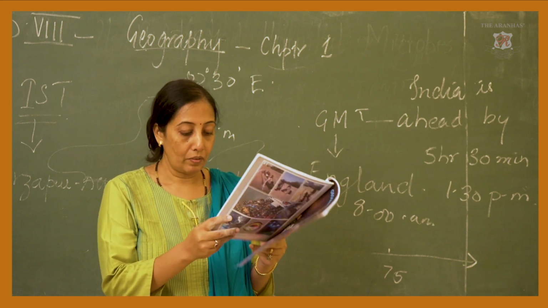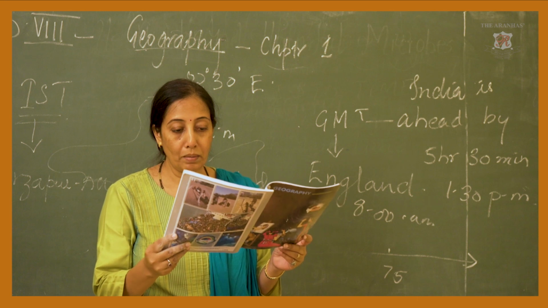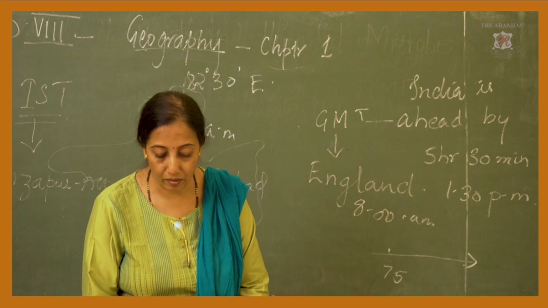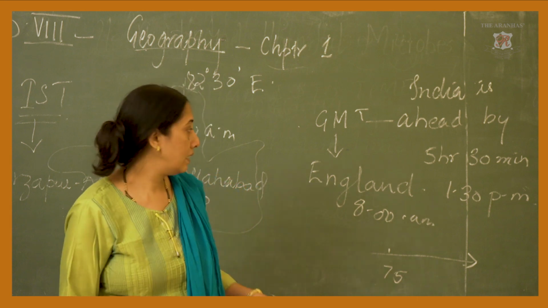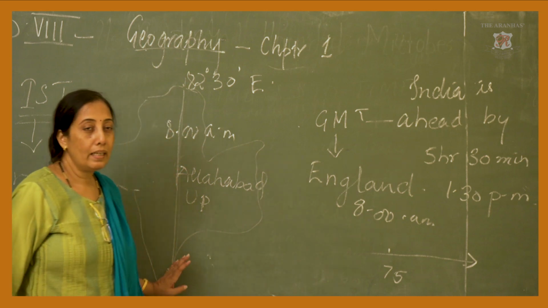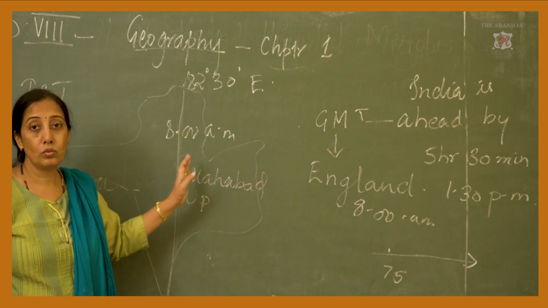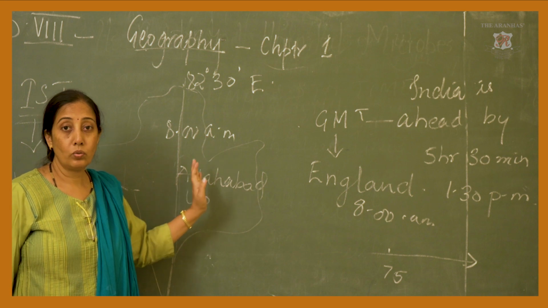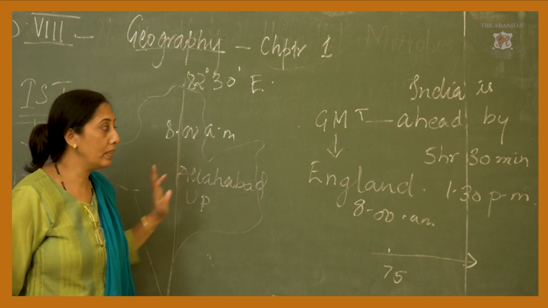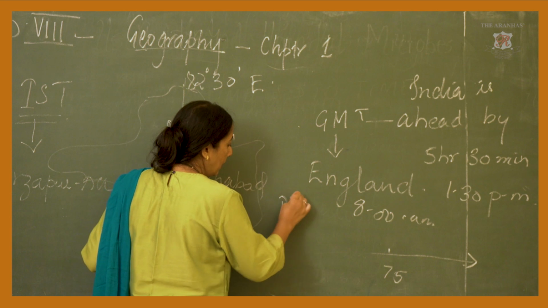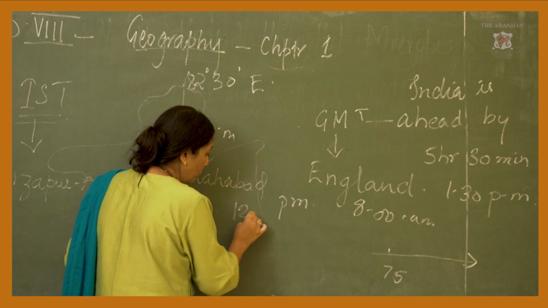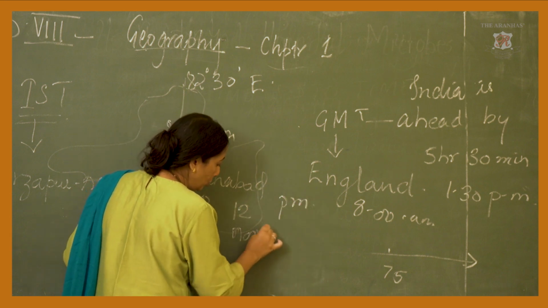Now, I hope you are very much clear with the lesson. When you are ahead of 0 degree, you are going towards the prime meridian. So you call it PM after 12 noon.